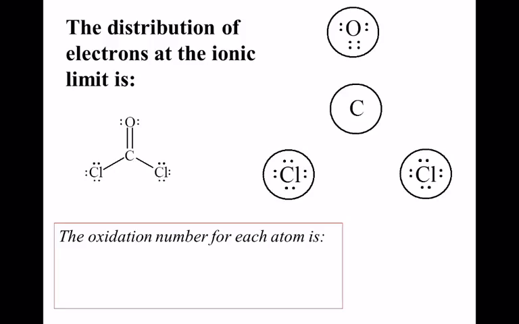That's the second number when we do the subtraction. Go ahead and do the math, picking on carbon first. This 4 came from the 4A, the valence electrons around a carbon atom, and that 0 came from the number of electrons at the ionic limit.